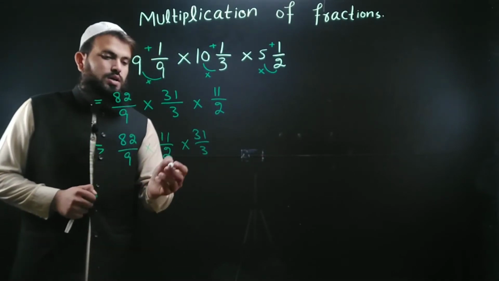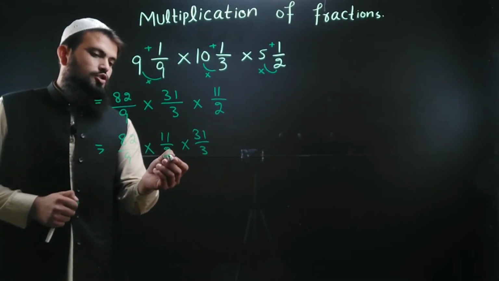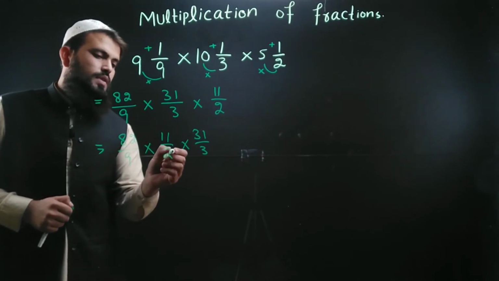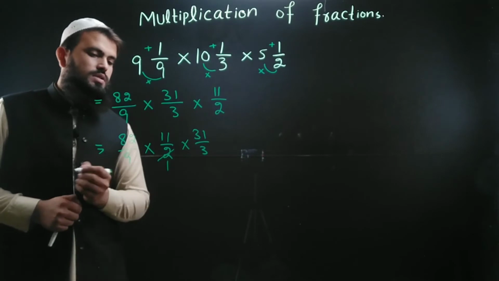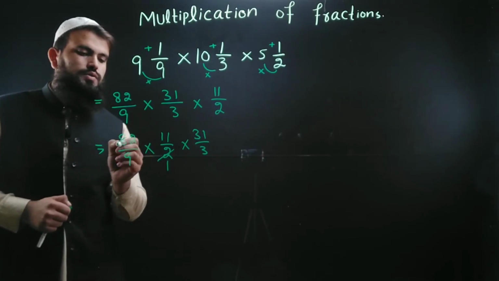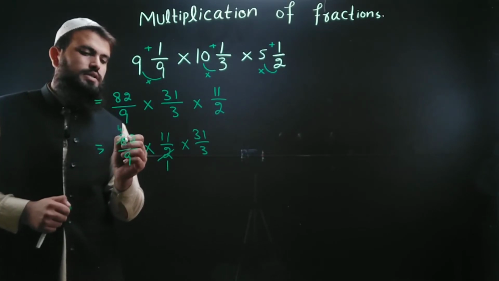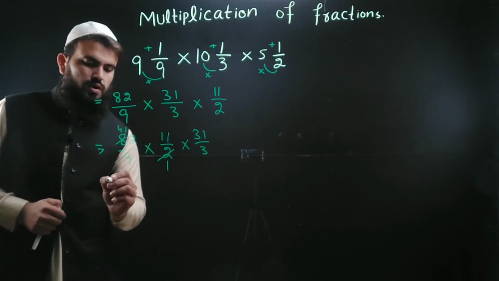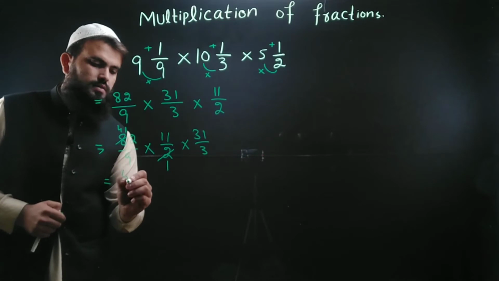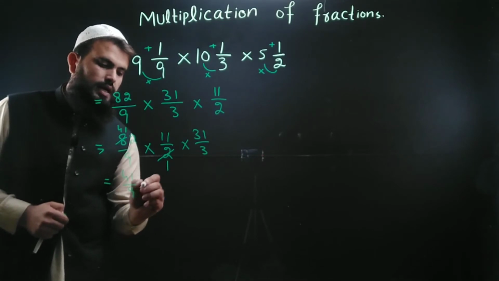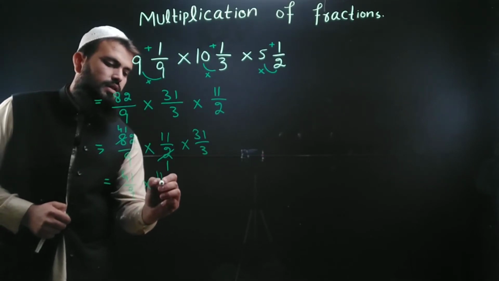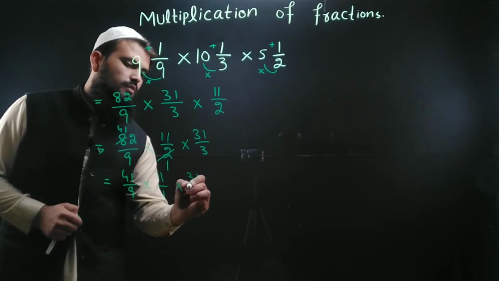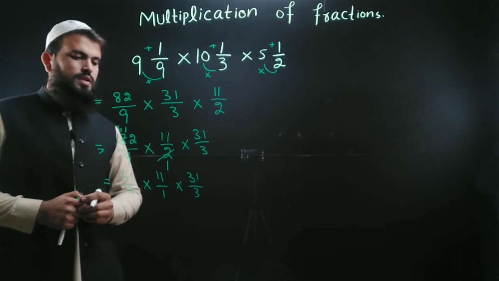Here, this denominator cancels with this numerator. 2 ones are 2, and 2 fours are 8, 2 ones are 2. Now 41 by 9 multiplying with 11 by 1 multiplying with 31 by 3.